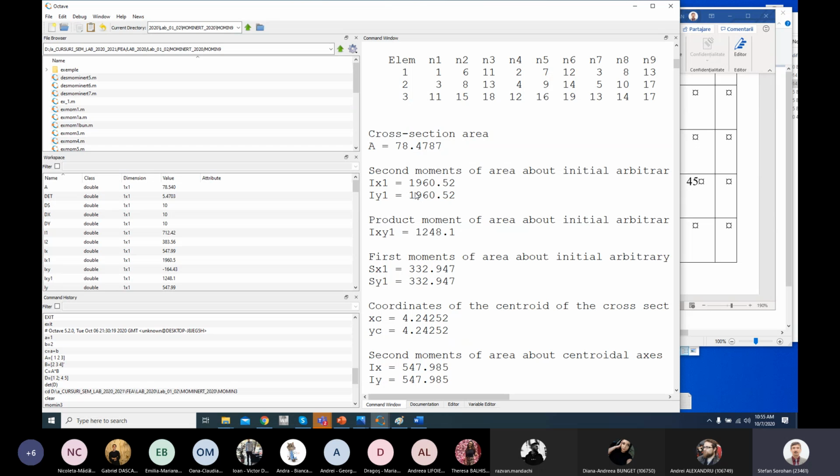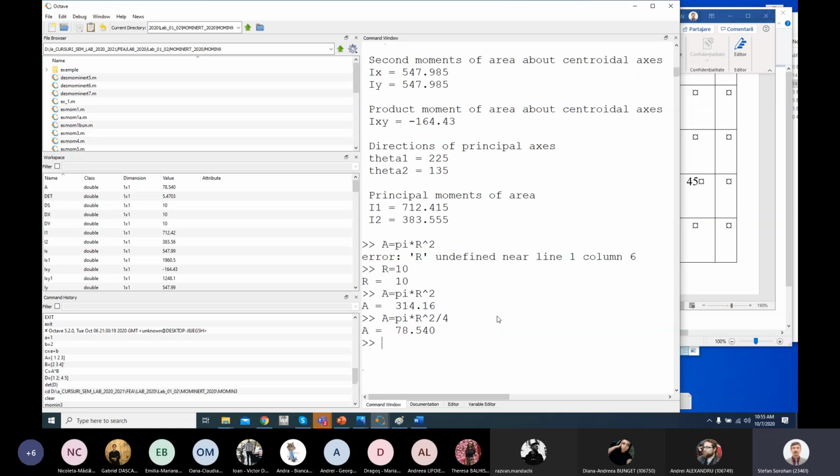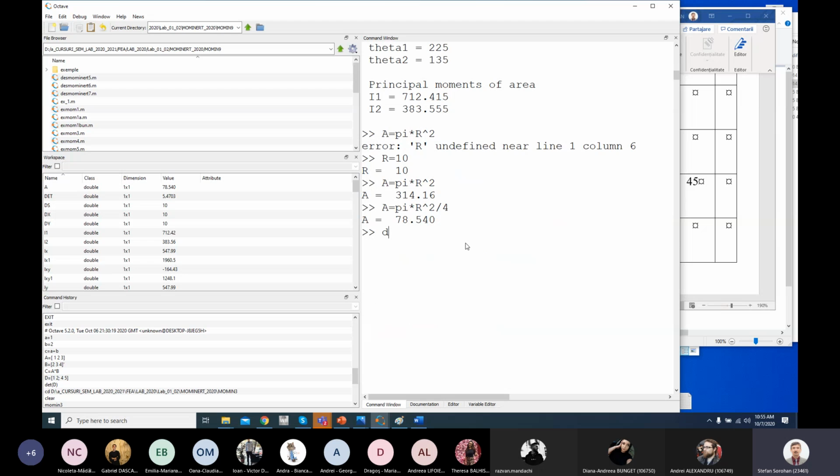Let's check this one. This is 1964. According to strength of materials, the diameter, of course, is 2 times r, which is 20, and the Ix1 theoretical one is pi times diameter to the power 4 divided by 64, divided by 4 because we keep just a quarter.